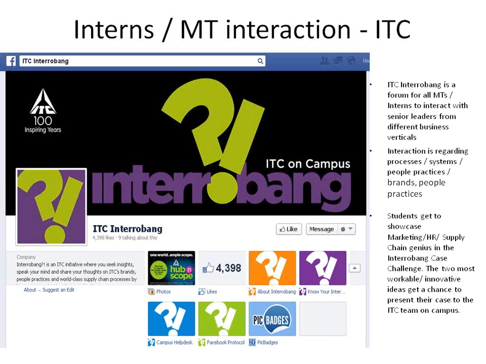The interaction is regarding the processes, systems, practices, brands, etc. And what the students get to do is to showcase their skills in marketing or HR or supply chain by participating in these case studies. The two best case studies get presented to the ITC team at their campus.